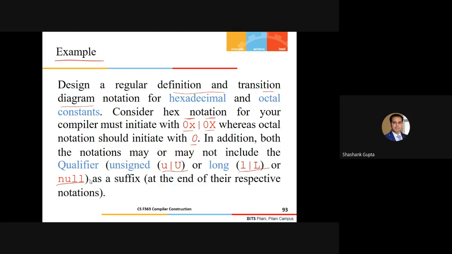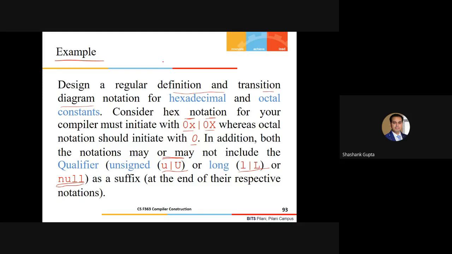So both notations may or may not include the qualifier. They have given you the symbols, the uppercase and lowercase letter u, and the letter for long as well. Or you can even skip the qualifier.